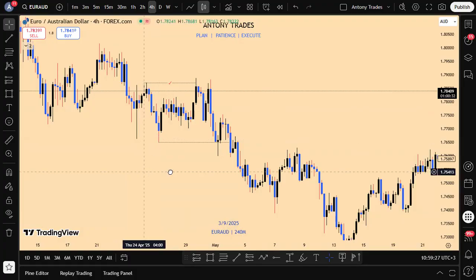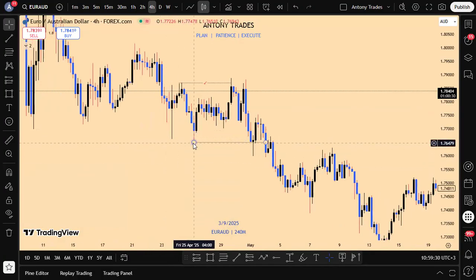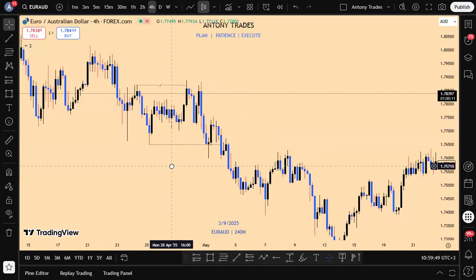If the market does not close with a body candle, that is not a break of structure. Although there are traders that will mark this one as a break of structure, for me, that is not a break of structure until I see a body candle closing below this low.